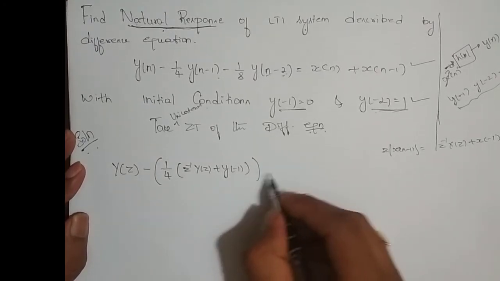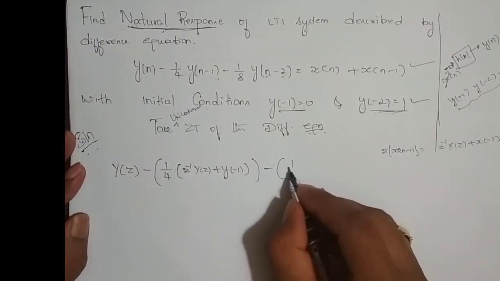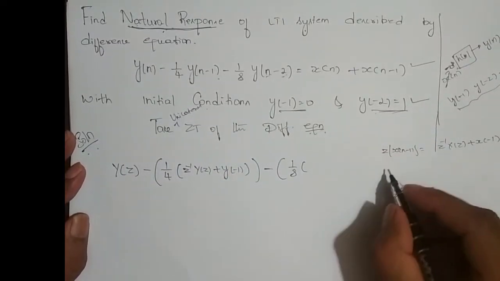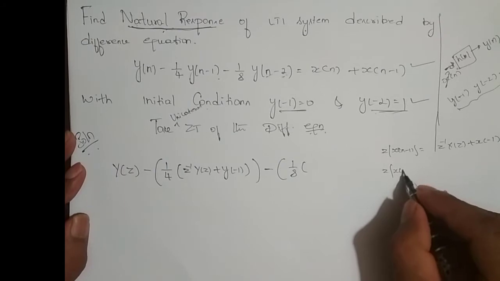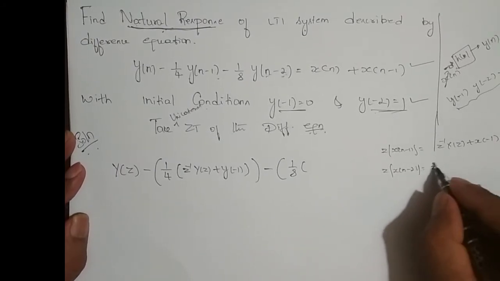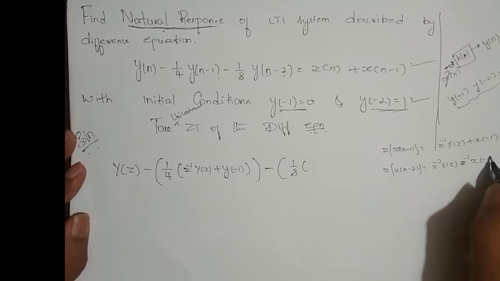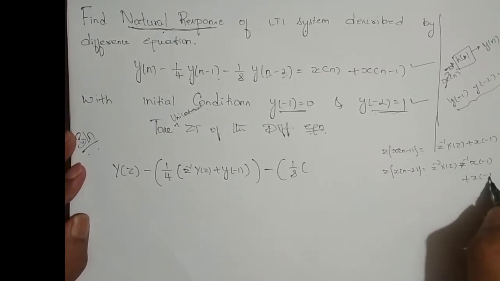minus 1 by 8 into, what is the unilateral Z transform of y of n minus 2? The Z transform of x of n minus 2 is z power minus 2 X of z plus z power minus 1 x of minus 1 plus x of minus 2.